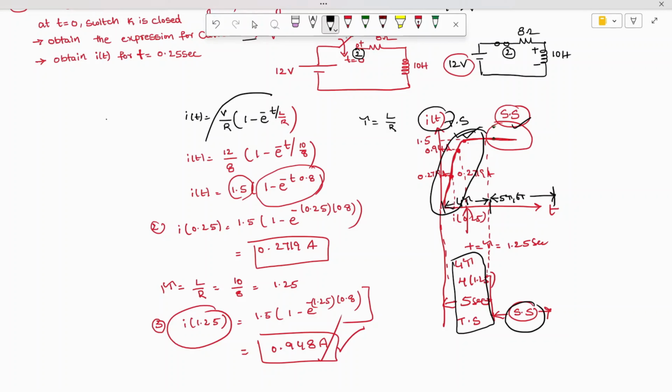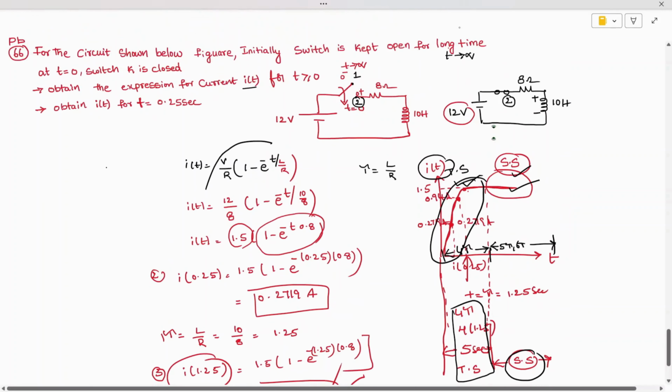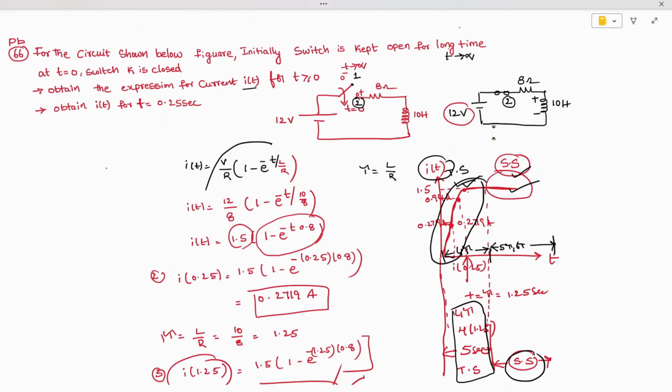This is how to calculate the expression of i(t) for the circuit shown. Here we have to consider that the initial current is 0. Why? Because at t equal to 0 minus the switch is open. As soon as the switch is open, the initial current across the inductor is 0. That's why we need not consider it. Hope you're able to understand.